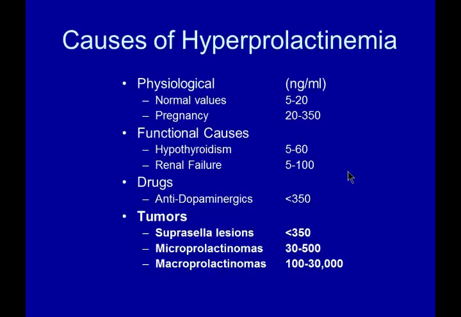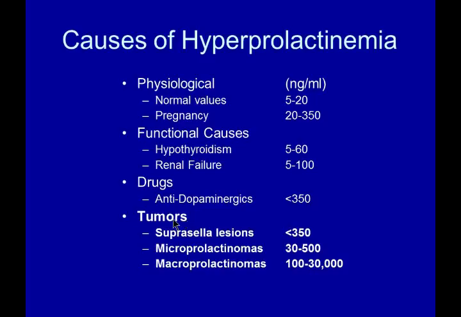Its degradation is impaired by renal failure, so you can get high levels there. Drugs: a lot of drugs that are used for psychiatric care are anti-dopaminergic, and indeed they stimulate prolactin.